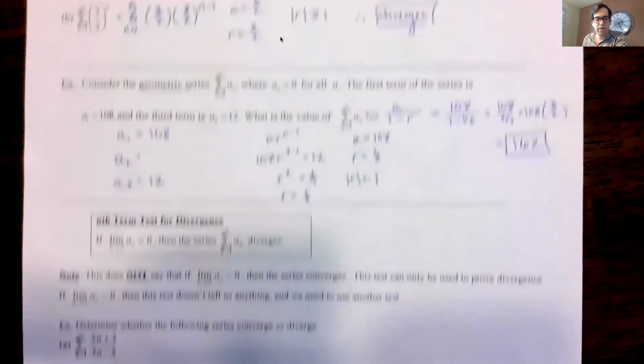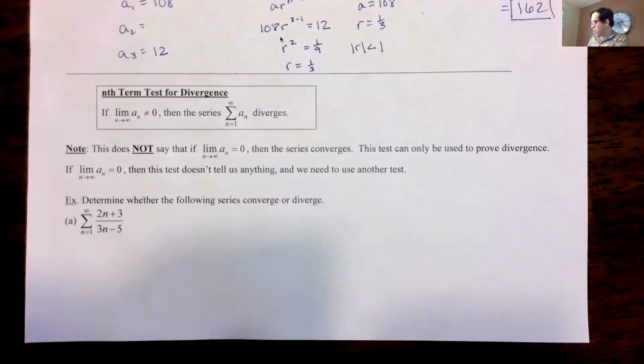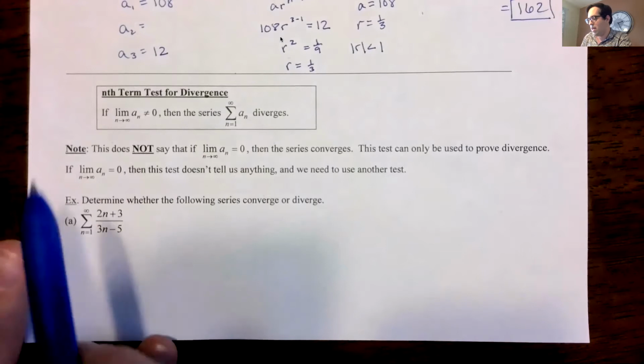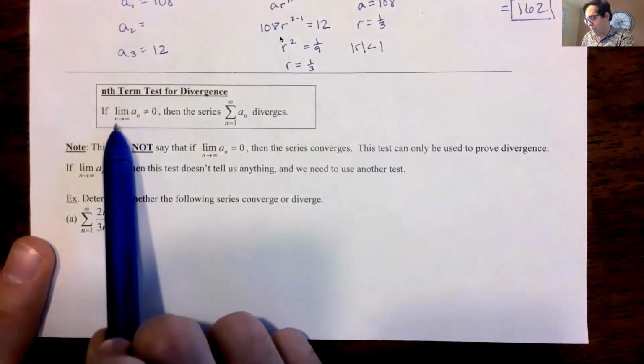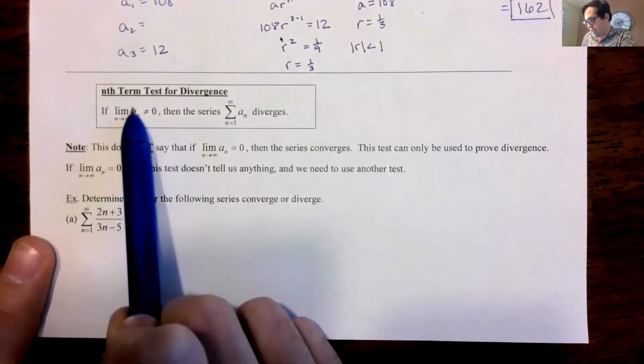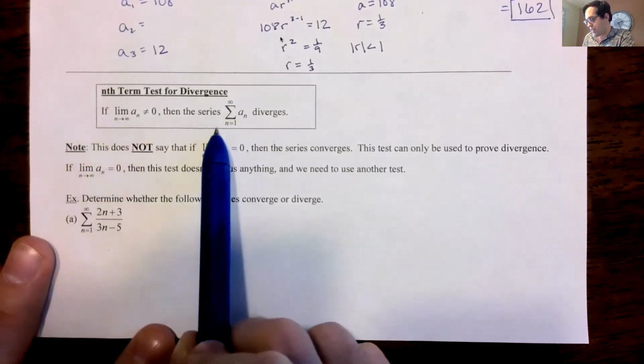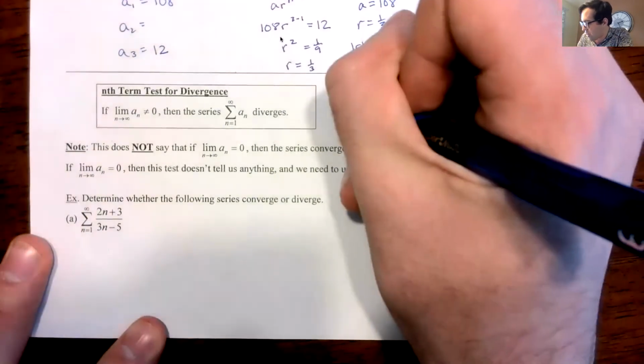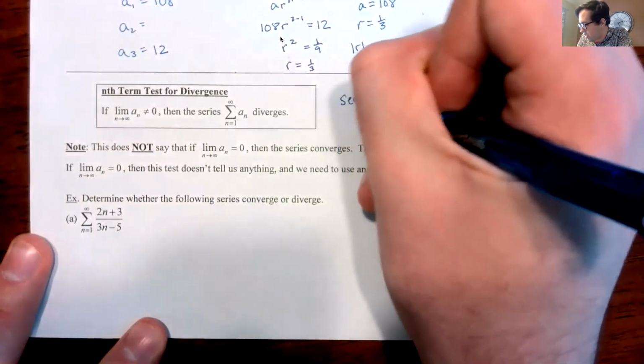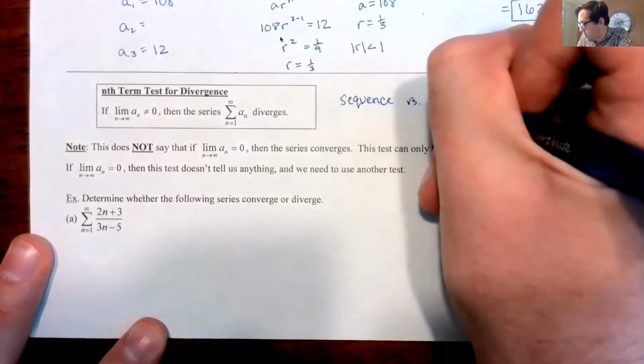So let's now look at the nth term test for divergence. The nth term test says that if the limit as n approaches infinity of the terms does not equal 0, then the series diverges. So this is where we really have to keep track of the difference between sequence versus series.